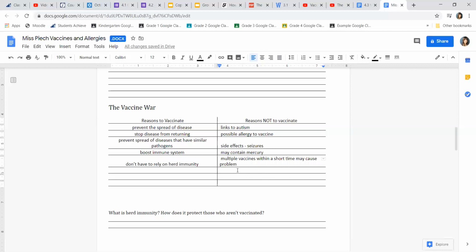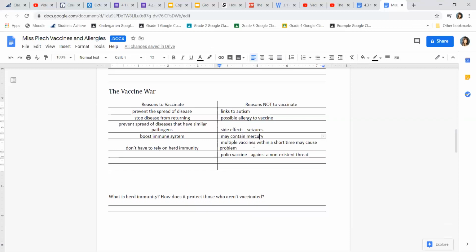And then there are also some vaccinations, such as the polio vaccine, where, although there is some research out there that suggests otherwise, to a large degree it has become more of a non-existent threat, and yet you're getting vaccinations against that. So it comes into that whole play of what you are vaccinating against, and whether these threats are still relevant. And also how many vaccinations you're getting and how quickly, as well as some of the different ingredients in the vaccinations that can potentially harm your body.